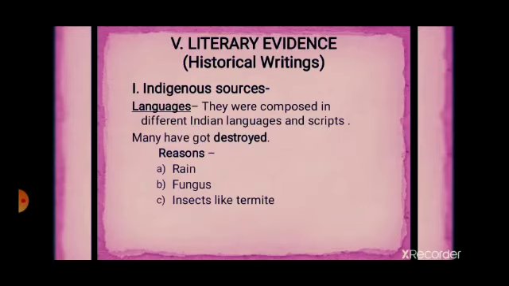If you keep your books and copies for several years, when you open them you see that fungus is there, and whatever you have written on that paper was destroyed due to fungus. And sometimes termites, which are commonly called dimak, also destroy them. So these were the reasons. Because of that, the indigenous sources were destroyed, but some survived, and that was helpful for historians to know the medieval history.